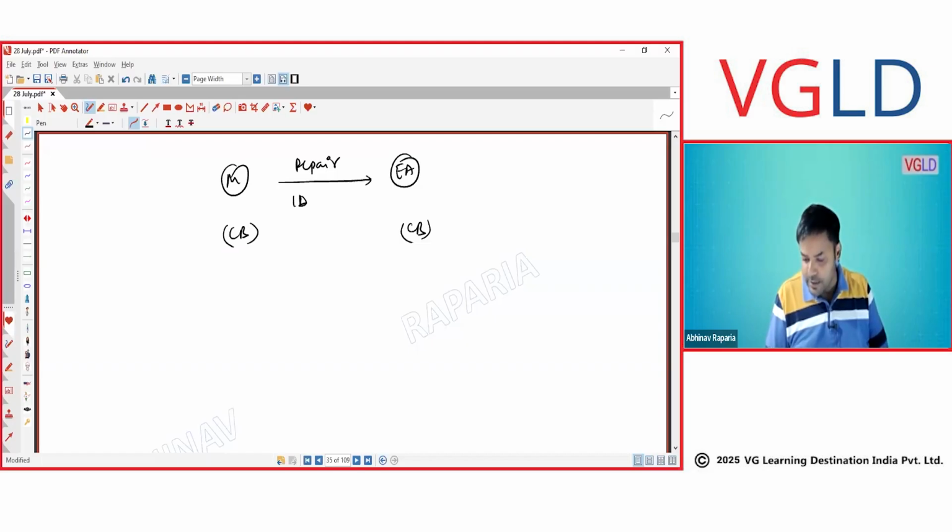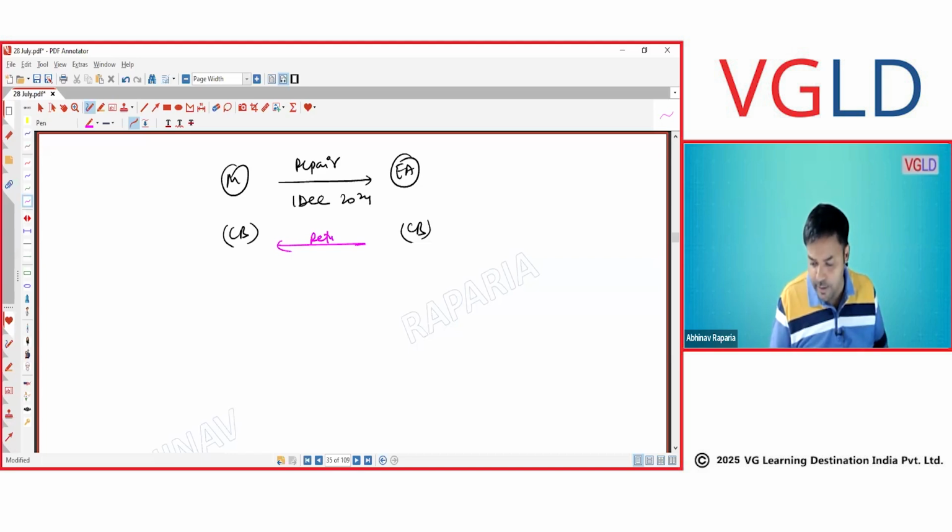EA does not give the cash. In fact, EA has filed the return on 15th of April 2025. In which year will the mechanic book the income? In which year will EA book the income?